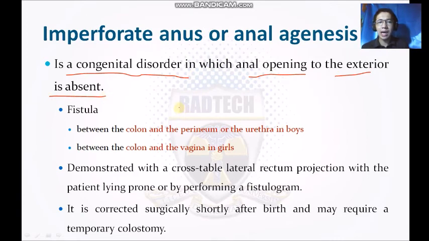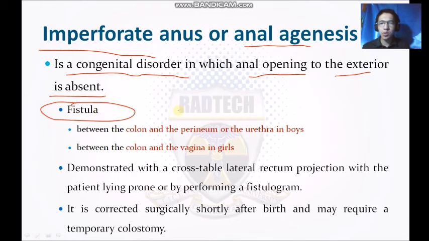So that means dili makalibang si patient. And sometimes, if ever there is an imperforate anus or there is anal agenesis, fistula can sometimes occur. Okay, so fistula again, diba, this is the abnormal connection. So abnormal connection can occur between the colon and the perineum or the urethra in boys. And then if female po siya, it's between the colon and then the vagina.